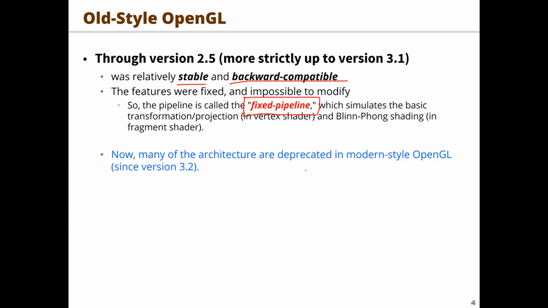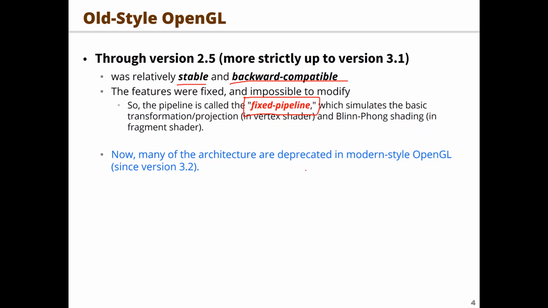So now many of these architectures are deprecated in modern style OpenGL. Such old style OpenGL features are deprecated. Deprecated means we may use it, but it is no longer maintained, and at some point those features will be removed in a future release. So it is strongly not recommended to use old style OpenGL.